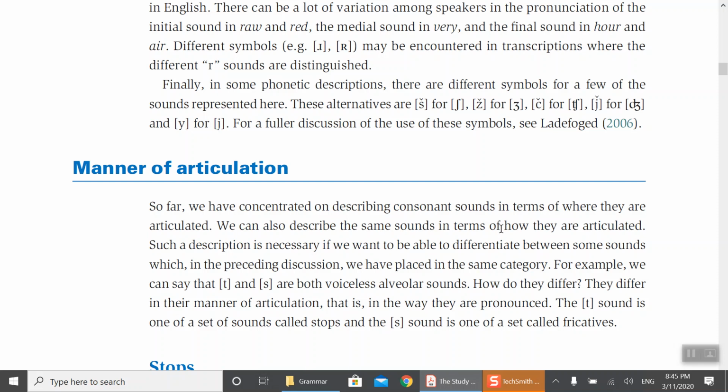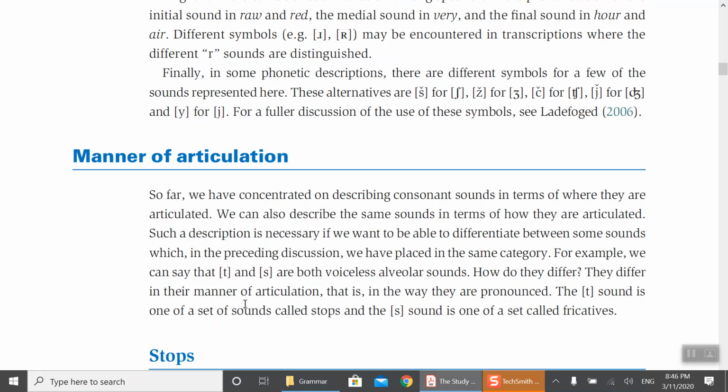This is the place. We can also describe the same sounds in terms of how they are articulated, the manner. Such a description is necessary if we want to differentiate between some sounds which we have placed in the same category. For example, t and s are both voiceless alveolar sounds. How do they differ? They differ in their manner of articulation.